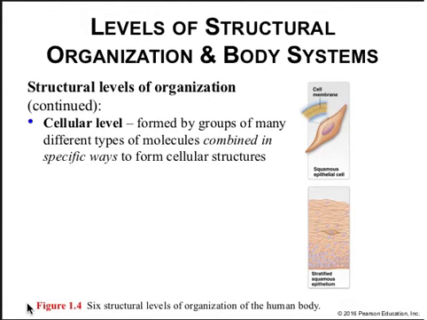At the cellular level, what we have are collections of macromolecules that are arranged in such a way that we generate the smallest unit of living matter. The cell is formed by groups of different types of molecules combined in specific ways to form cellular structures.